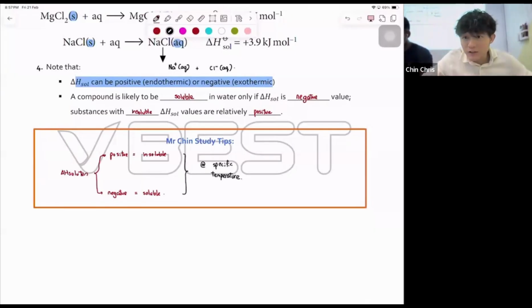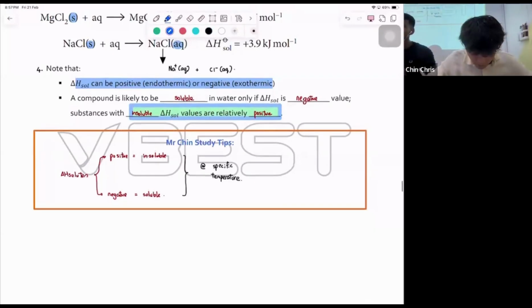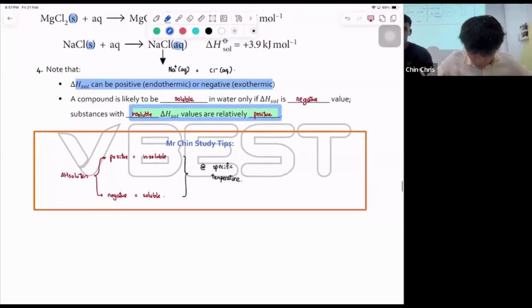Isn't a substance with a positive value relatively insoluble? Yeah. Positive value, insoluble. Correct.